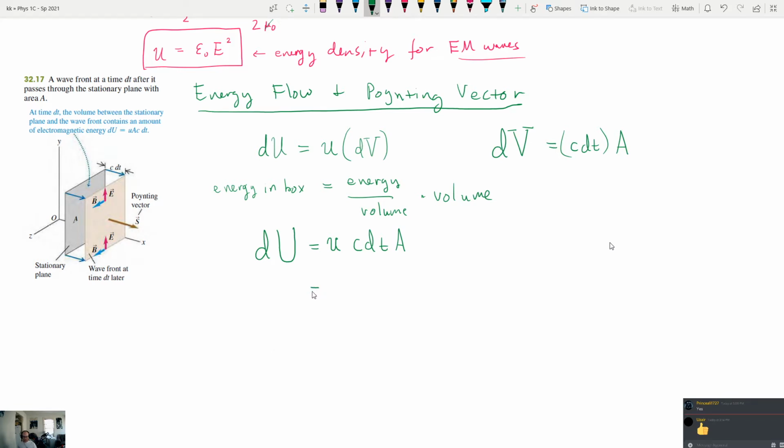If we plug in the energy density right here, this is epsilon naught E squared. I think we're going to move the dt to the other side, so we'll have dU dt. Let me make this original U the same kind of U. Okay, dU dt equals epsilon naught E squared c dt, we move the dt over here, multiplied by A. I think we're going to move the A to the other side too.